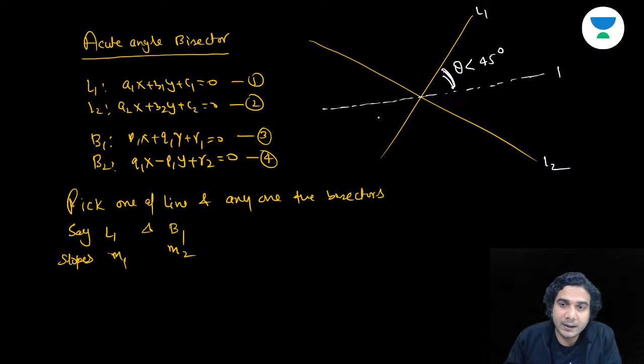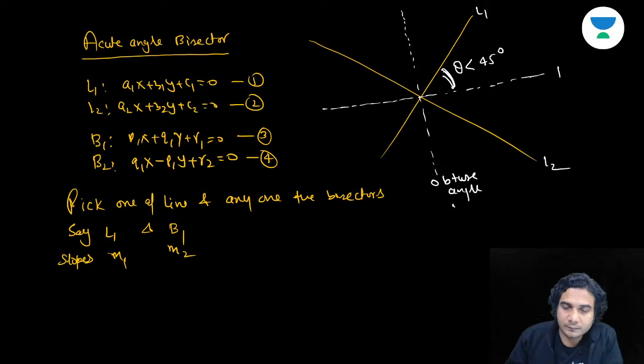Because the total angle is less than 90 degrees, so half of that will be less than 45. And this is the obtuse angle bisector. So this angle, say alpha, is more than 45 degrees.